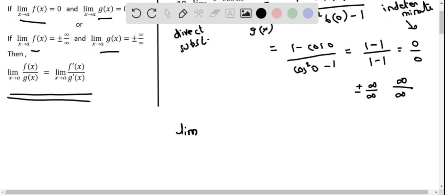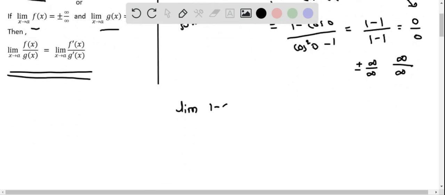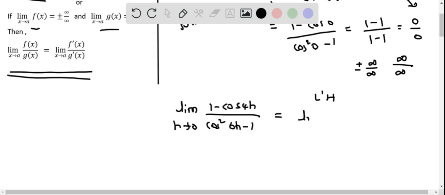That is, we have the limit of 1 minus cos 4h over cos squared 6h minus 1, as h approaches 0. I am using L'Hopital's rule, so let me put LH, which means I have to find the derivatives.